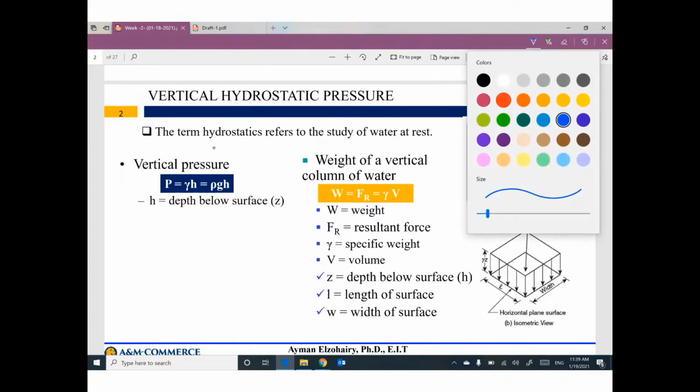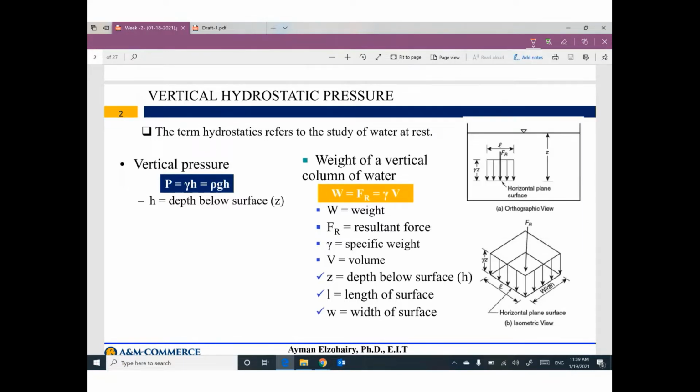If you are looking for pressure from any liquid, the vertical pressure equals gamma H, where gamma is the specific weight of this liquid, or equals rho G H. Last meeting, I covered another term called rho, which is density, and gamma equals rho times G. So gamma H is equivalent to rho G H. Do you remember that?